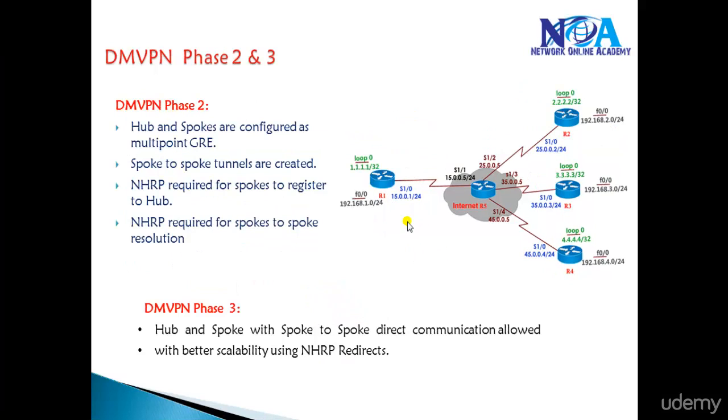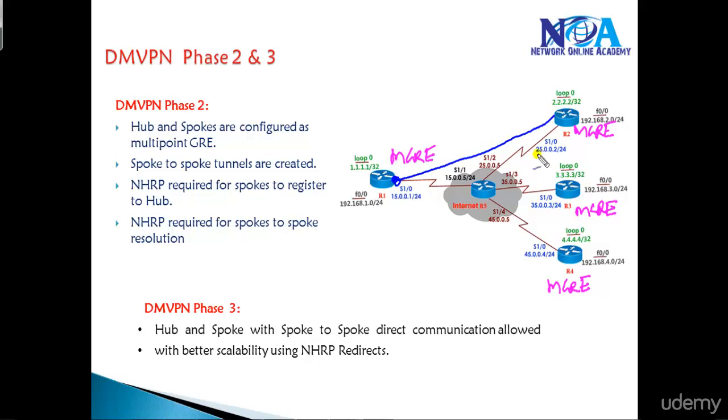But in case of phase 2, we use multi-point GRE everywhere. We'll be using multi-point GRE on router 1, and also on router 2, as well as on router 3 and router 4. If I use multi-point GRE, what is the main advantage we get? Dynamic tunnels can be established from router 2 to router 1, router 2 to router 3, and router 2 to router 4.